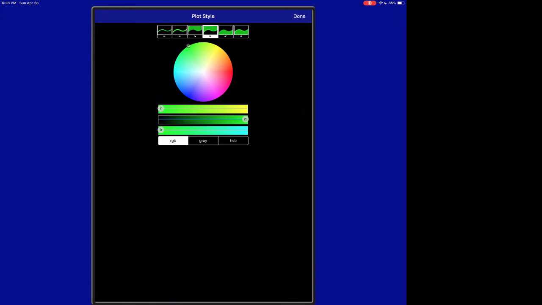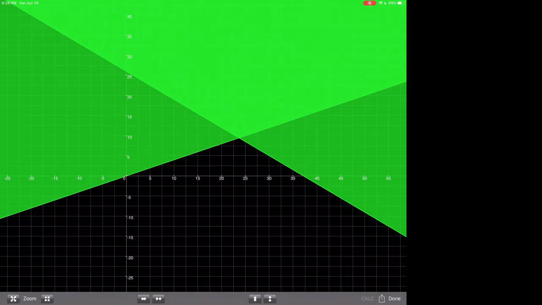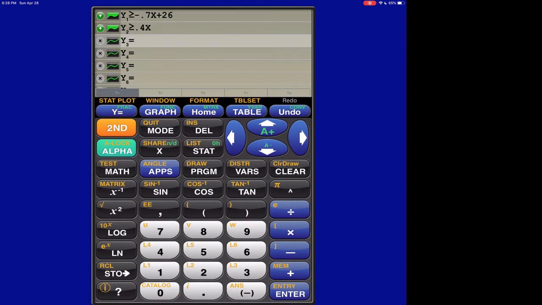No, I had it graphed wrong. There. Now, I don't know that it will graph x is greater than 0.